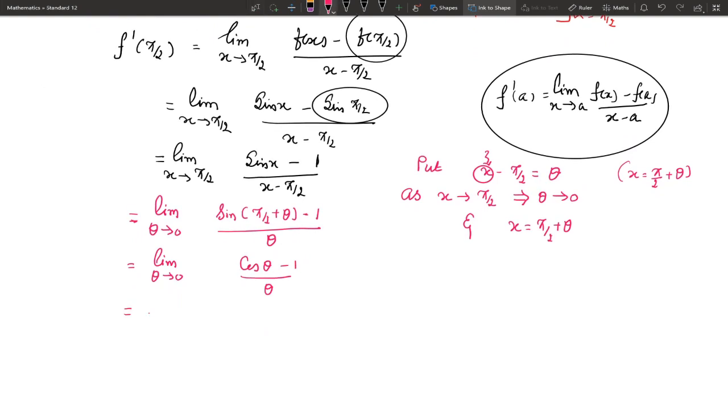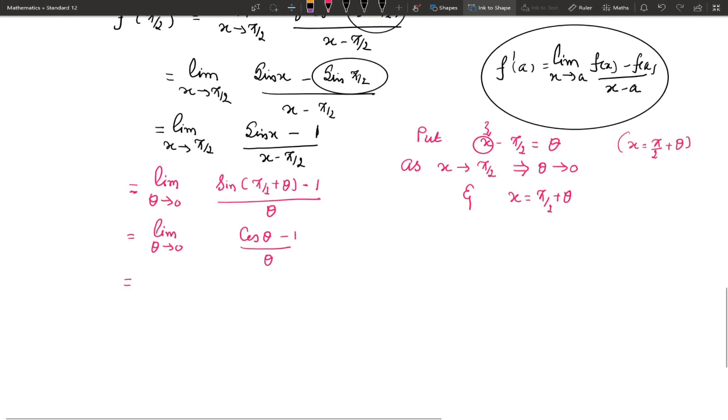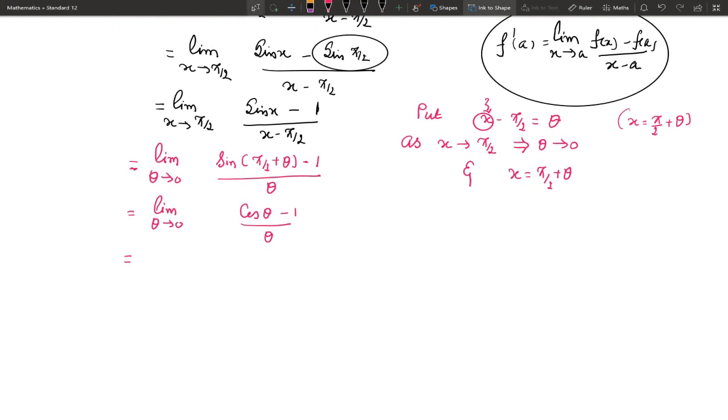We take minus common: minus limit as theta tends to 0 of 1 minus cos theta upon theta. Use the surd of the numerator, 1 plus cos theta, 1 plus cos theta.